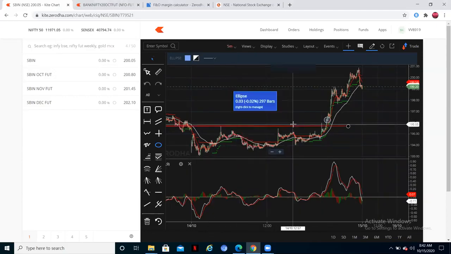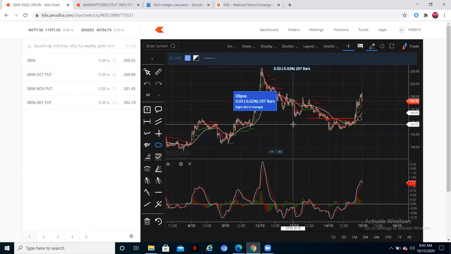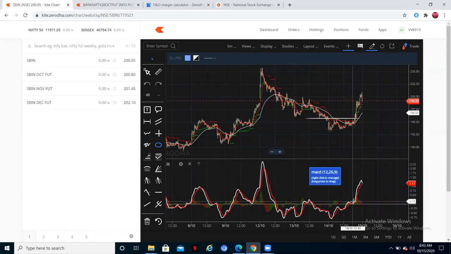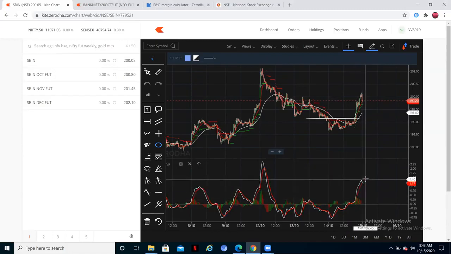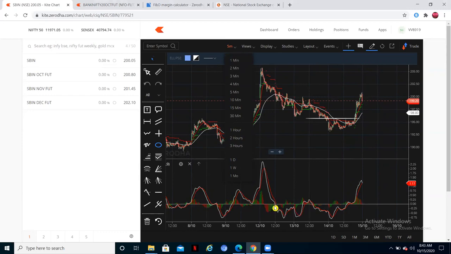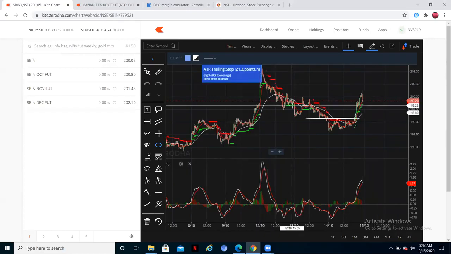If you get a buying entry on the 1 minute time frame, MACD will be moving above zero only if that entry is correct. For SBIN, if you remember, it was a buying entry, so it was moving above zero at the time of entry. In case it is a selling entry, it will be moving below zero. That confirms your entry and shows it is not a false signal.